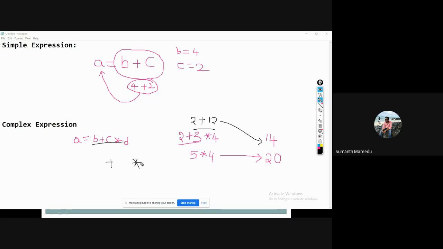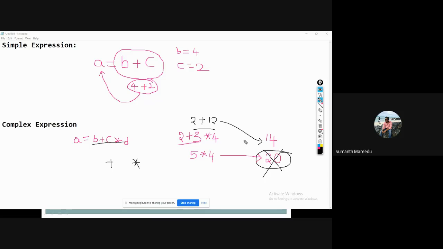All the operators supported in a programming language were given some precedence, some priorities. The operators have to be applied according to those priorities. If I do not follow the priorities, the way of evaluating this expression is not a correct answer.